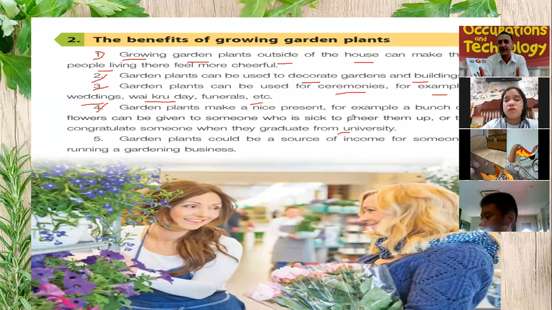If we have flowers in our garden, we can collect those flowers and make a bunch, and give them to people. If, for example, some of our friends or family or anybody is sick and we go to see them, we can present it to them. If we present it to them, they will be cheered up.